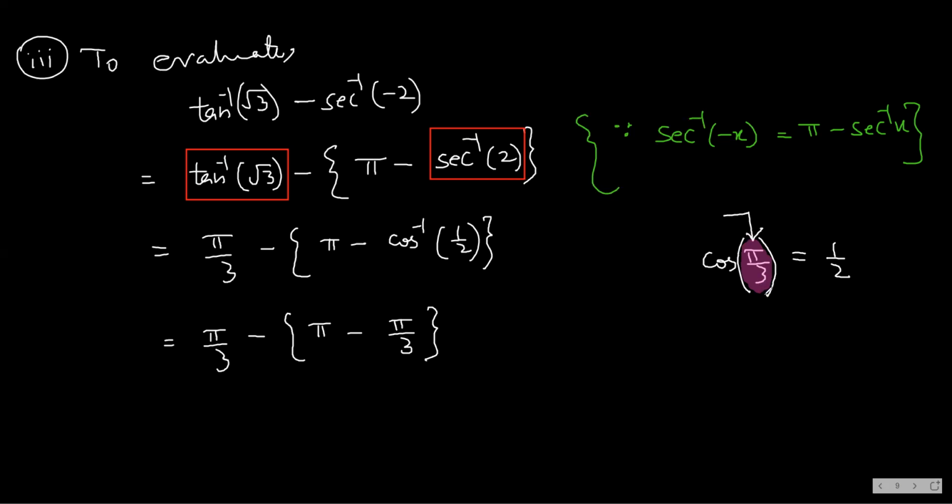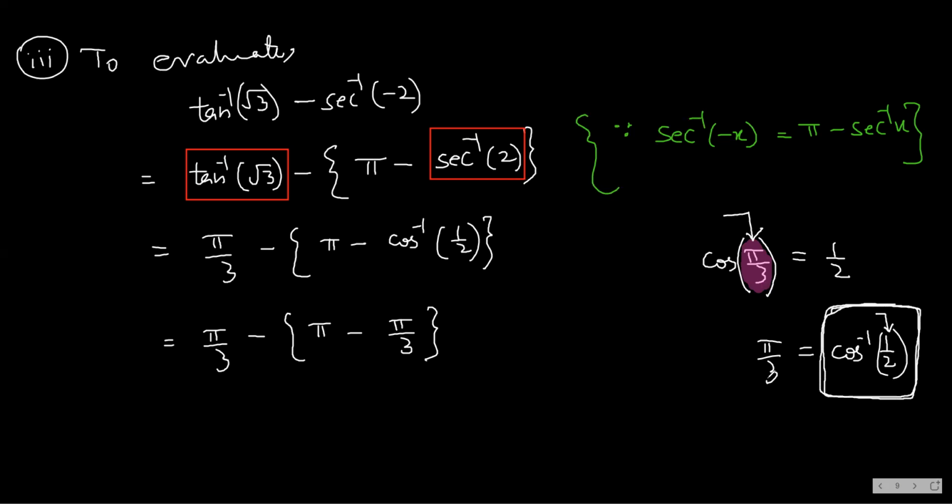But now see, you have cos inverse 1 by 2. Cos pi by 3 is 1 by 2, so cos inverse 1 by 2 is pi by 3. Now what you have with cos inverse is not an angle; instead, the whole thing is an angle. You got it?